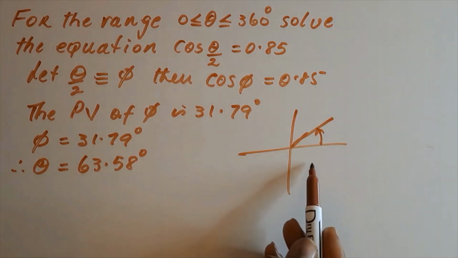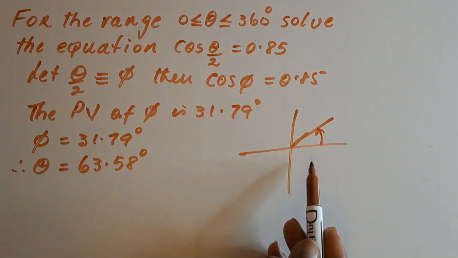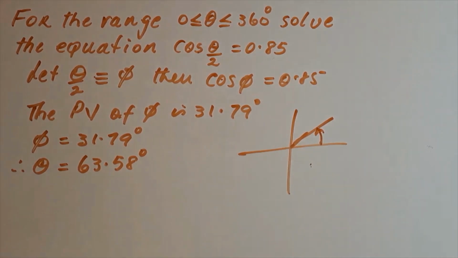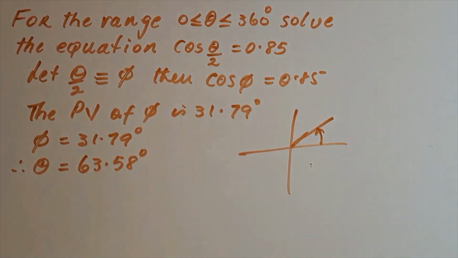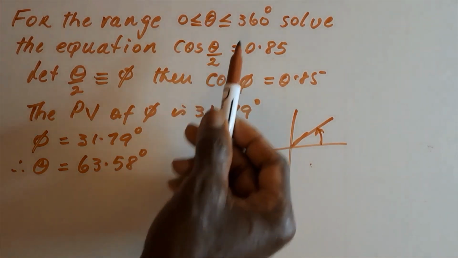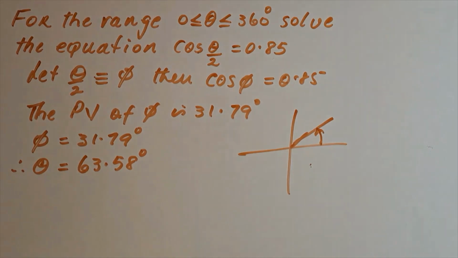The other quadrant where cosine is positive is the fourth quadrant. In that case, any other values will not fit into this range of 0 to 360 degrees. So the only solution to this equation within this range is theta equal to 63.58 degrees.